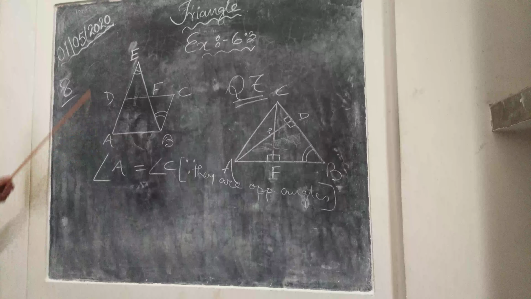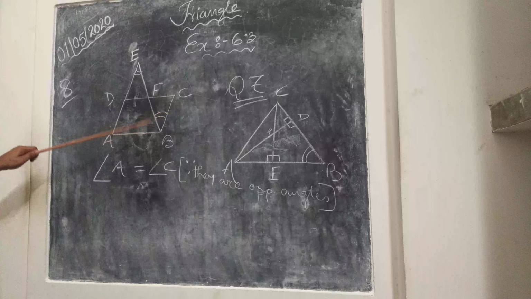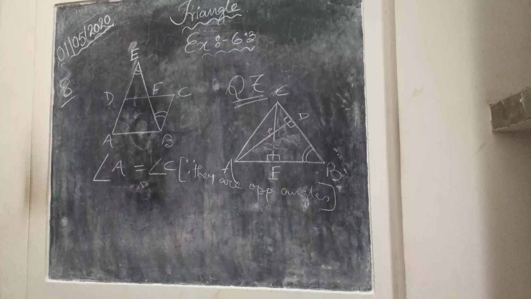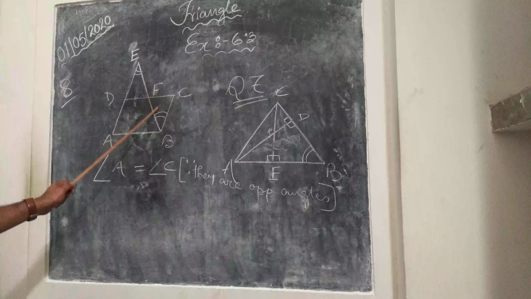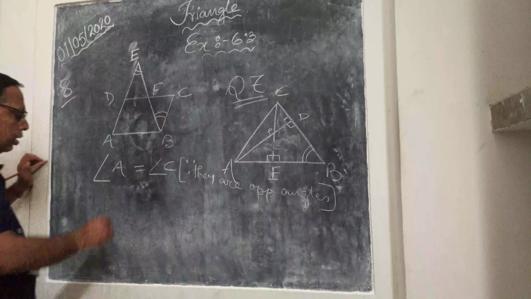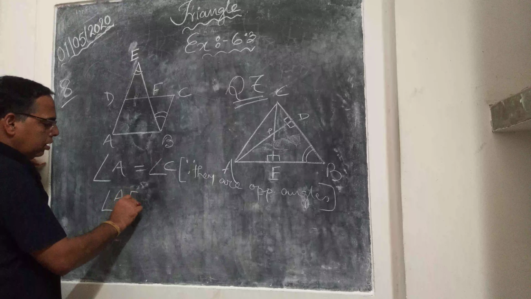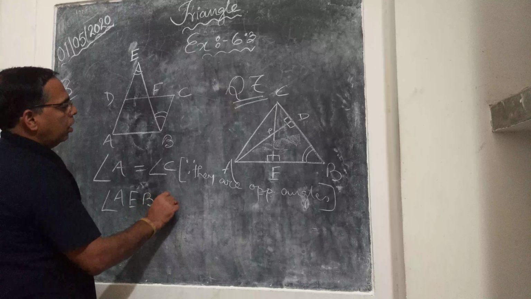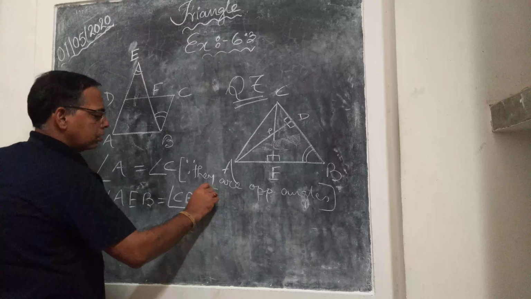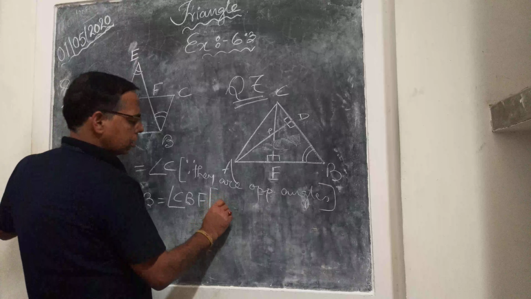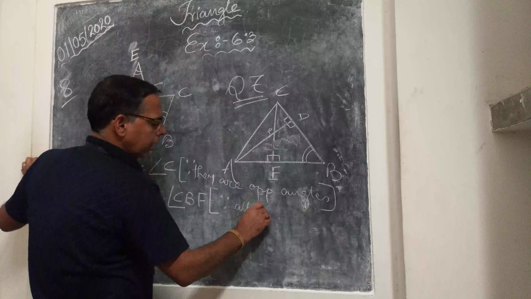Angle AEB equal to angle CBF. What is the reason? Can you tell me what is the reason? The reason is alternate angles. Angle AEB equal to angle CBF since alternate angles.